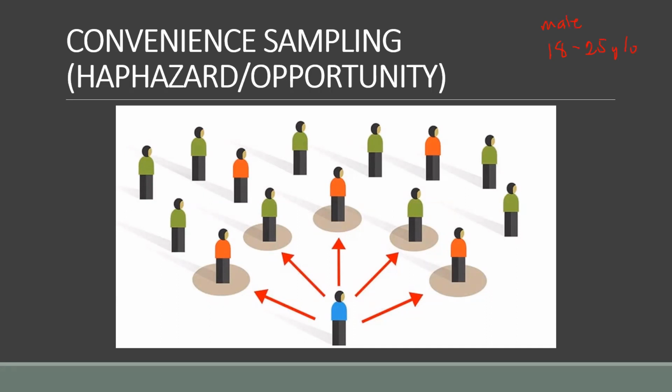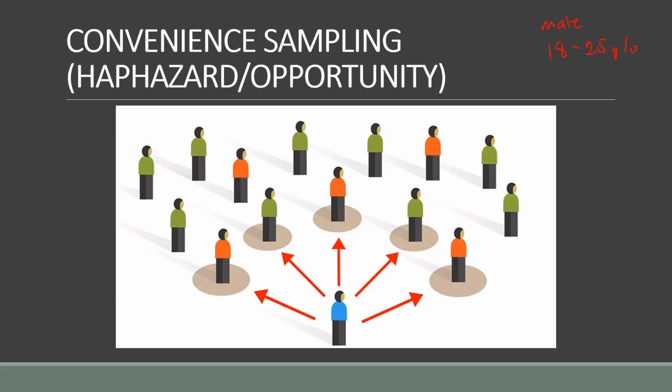So how would this type of sampling differ from the other types of non-probability sampling that we have already discussed? For convenience sampling, you will be doing this at your own convenience. So let's say you will be selecting your participants from your classmates or those medical laboratory students that are having their class right now.